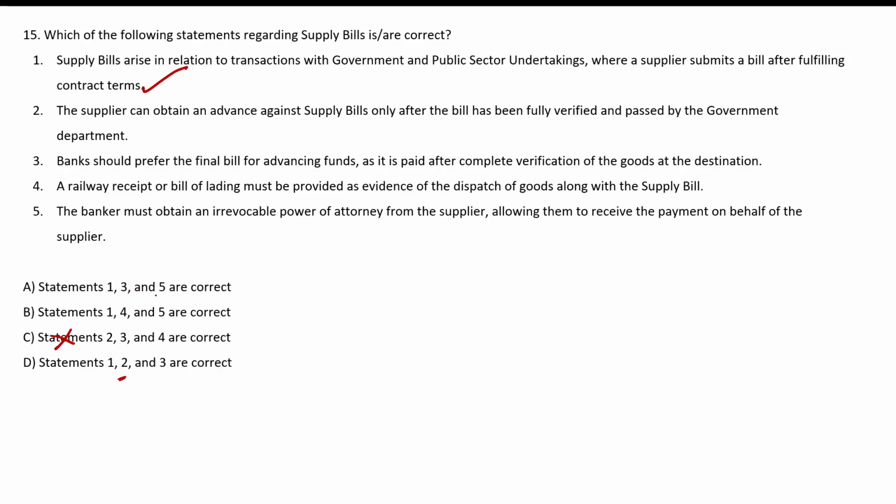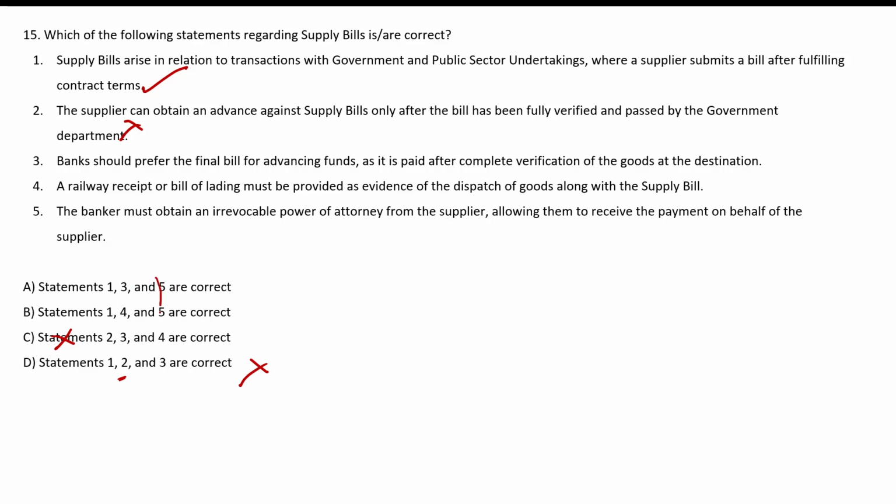Statements 3 and 5 are common in these. So let's read statement 2 as well. The supplier can obtain an advance against supply bill only after the bill has been fully verified and passed by the government department. No, this is not correct. Advance is provided even before full verification. So this is not correct, and option D is also eliminated.